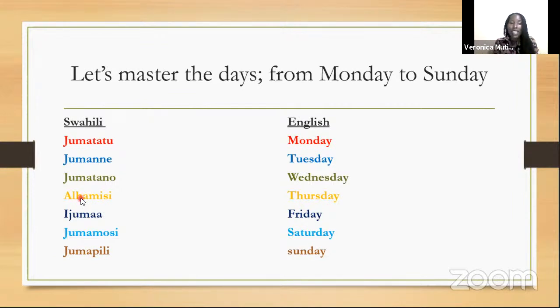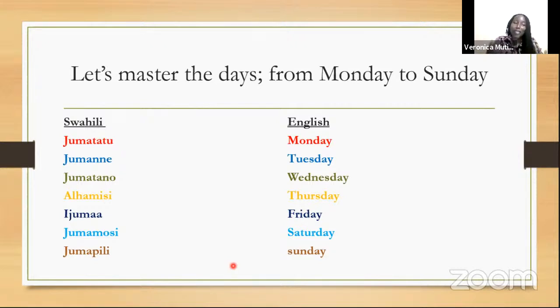So Alhamisi for Thursday, Ijuma for Friday. I don't know who finds Alhamisi and Ijuma easy because they look different from the rest. I find Alhamisi quite easy to remember because it is almost similar to Al Qaeda. Okay, that is nice.